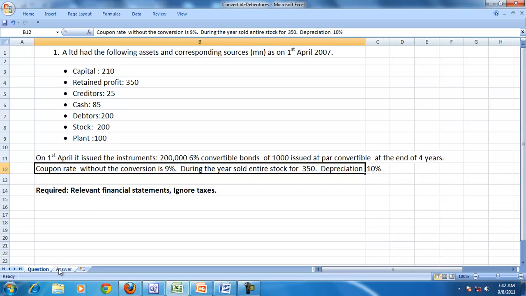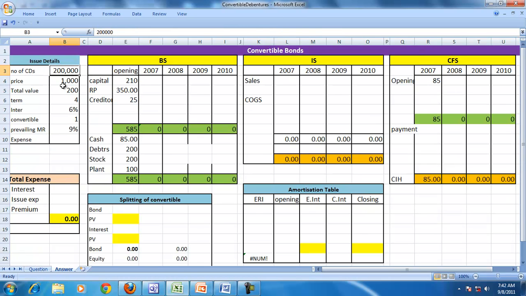So the number of convertible debentures is 200,000, the price is 1,000, so therefore the total value in million is 200. The company issued convertible debentures of 200 million. The term is 4 years, the coupon rate is 6%, convertible into one share, and the prevailing market rate of interest without the conversion feature is 9%, and we assume there are no expenses now.